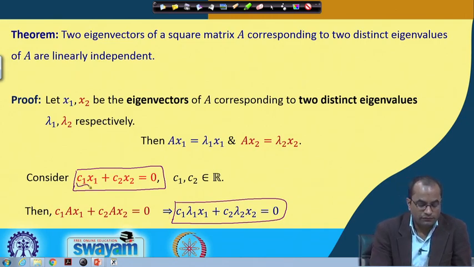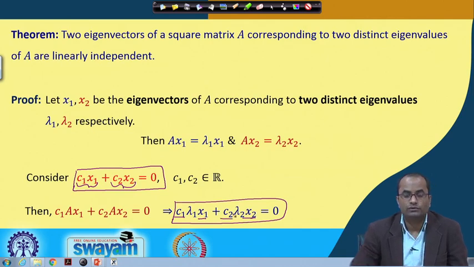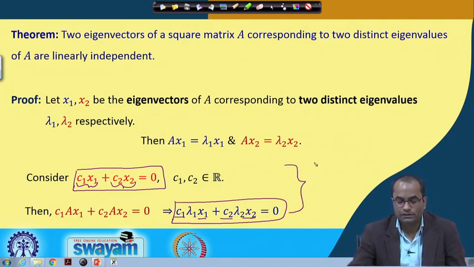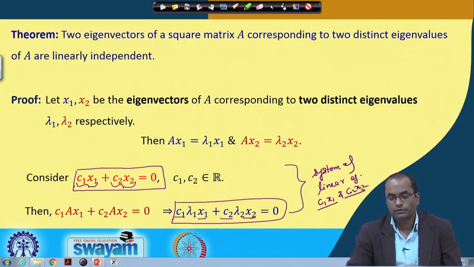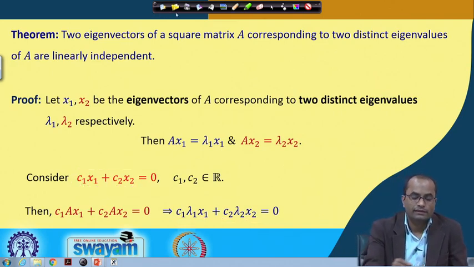Indeed, we can consider the unknowns as C 1 x 1 and C 2 x 2. So, these two form a system of linear equations with unknowns C 1 x 1 and C 2 x 2.